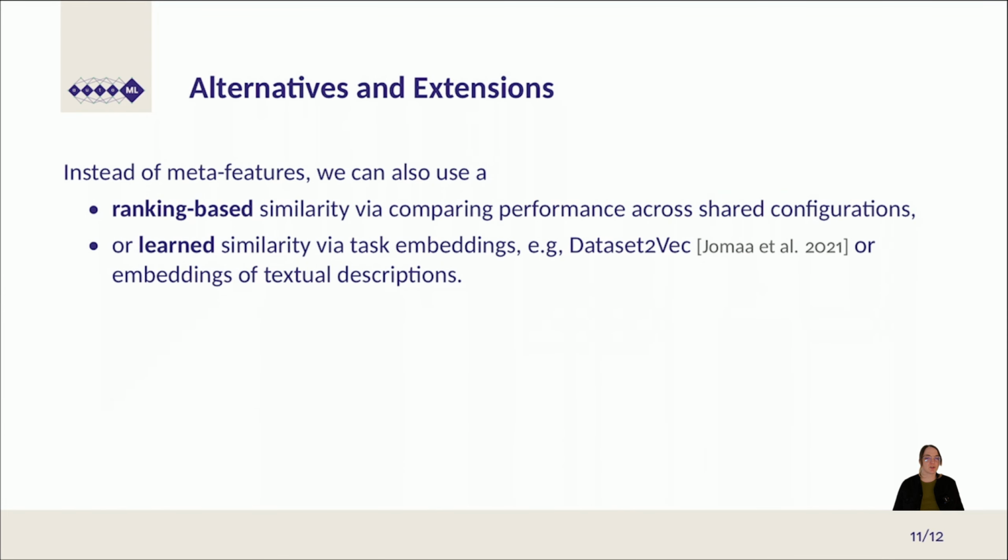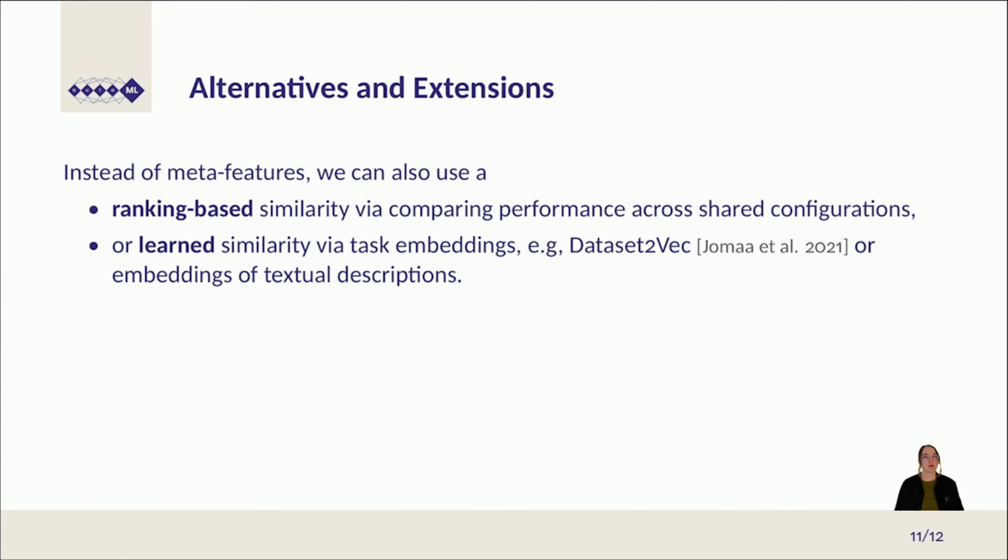Of course, there are also some alternatives and extensions to this. Instead of meta features, we can also use ranking-based similarity. We are directly comparing performance across shared configurations of tasks. So if you have 3 algorithms, A, B, C, you run them on your data sets, and you can compare the ranking. Secondly, we can also learn the similarity via task embeddings.